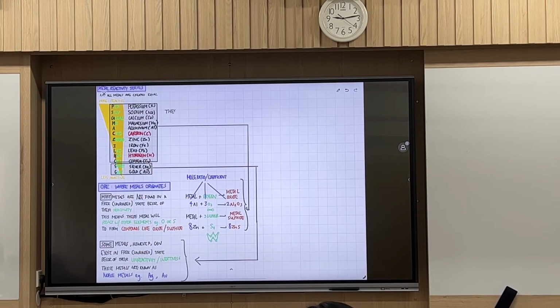These metals are not found in the free unbound state. They are always bound to something. And these metals are usually found in the free unbound state.